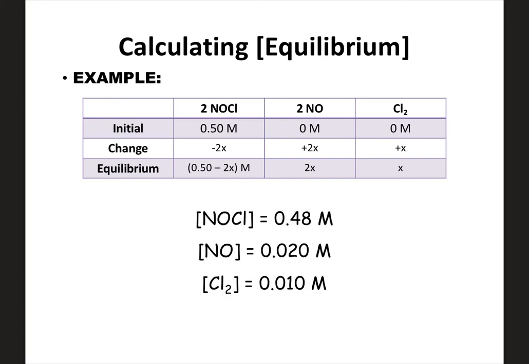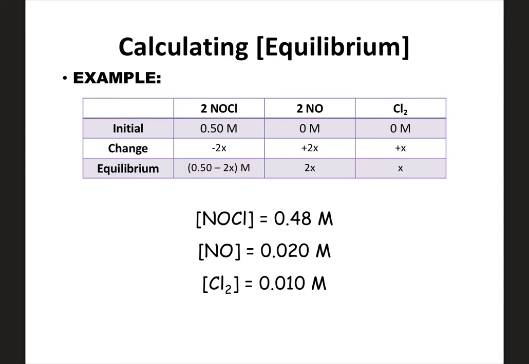Now that we already solved for the value of x, we do need to go back and plug in x into our equilibrium values here. So notice you do have to go back in the equilibrium row, and you still have to do the 0.50 minus 2 times whatever x is. So even though we got rid of it in the problem to make our math easier, you still need to do the actual math here.